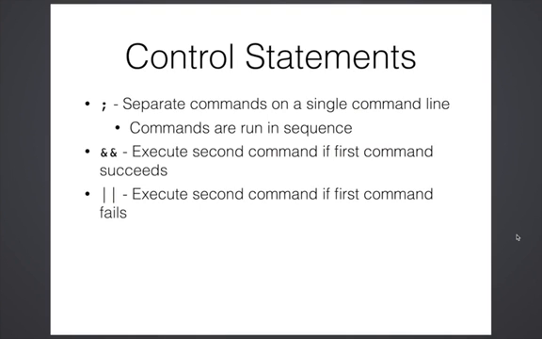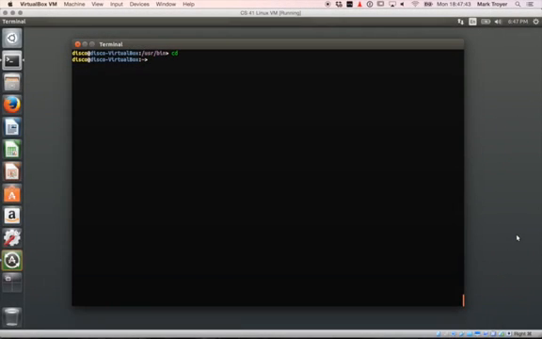Alternatively, you could use the double pipe, and that's a logical OR. So it'll run the first command, and if that command doesn't run successfully or is false, then the second command will run. So here are some simple examples of how you could do some basic shell-like scripting on a simple command line.